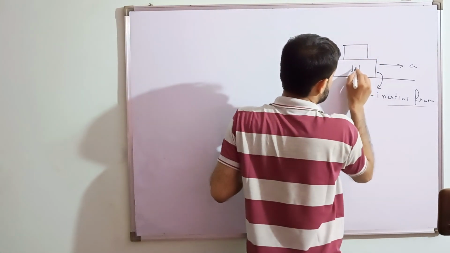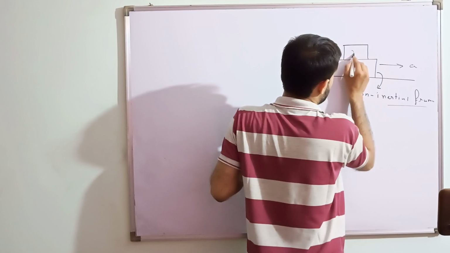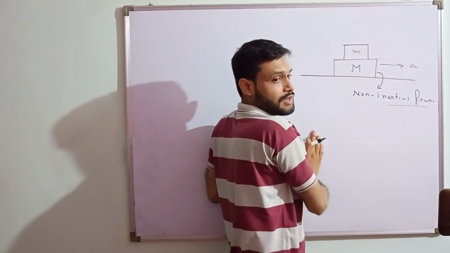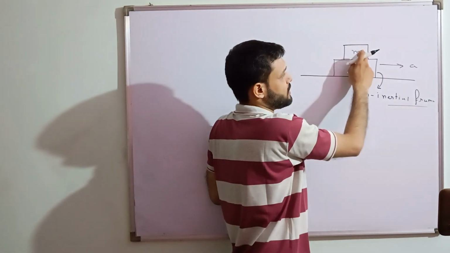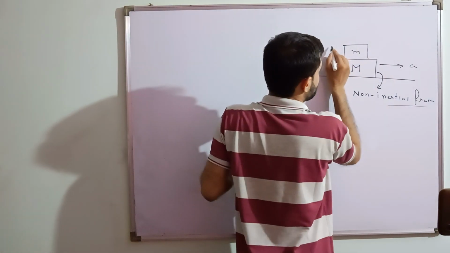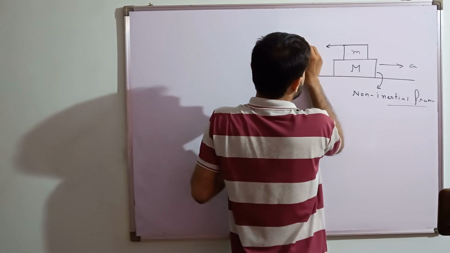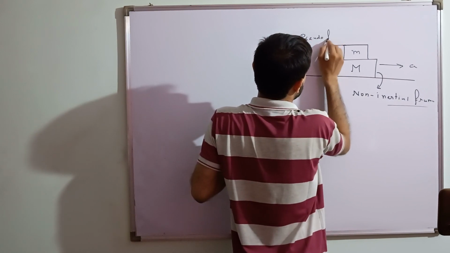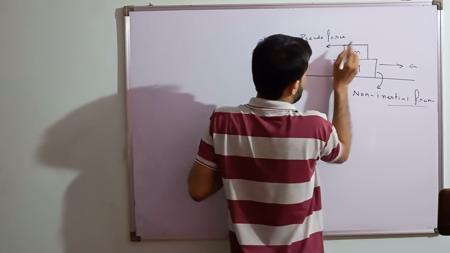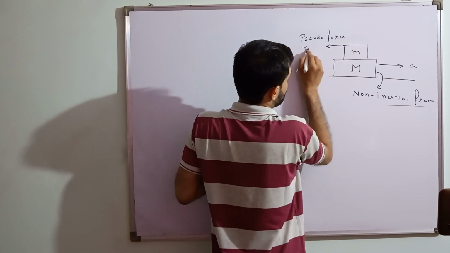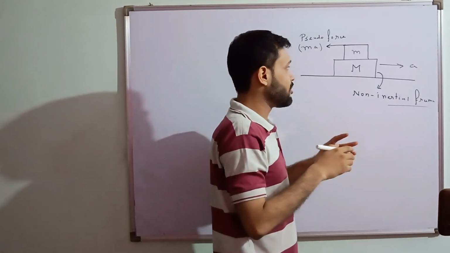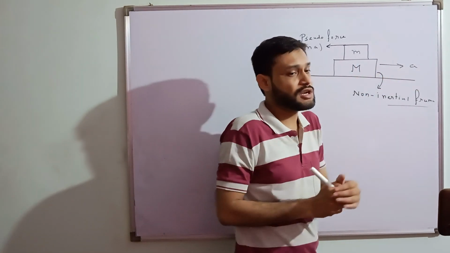Let's say the mass of this object is capital M, and the mass of this small object kept over it is small m. It is going to experience a pseudo force in the backward direction, isn't it? The magnitude of this pseudo force will be m times a, the mass of the small object and the acceleration of the non-inertial frame.